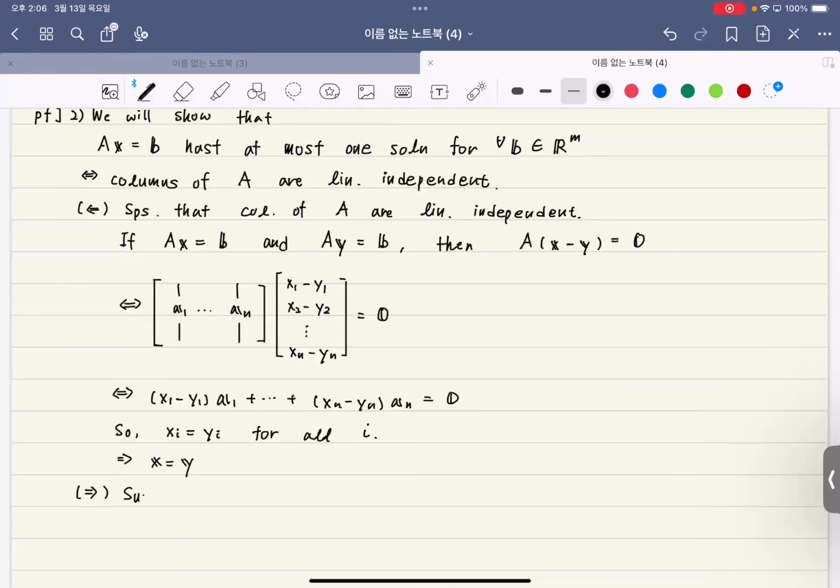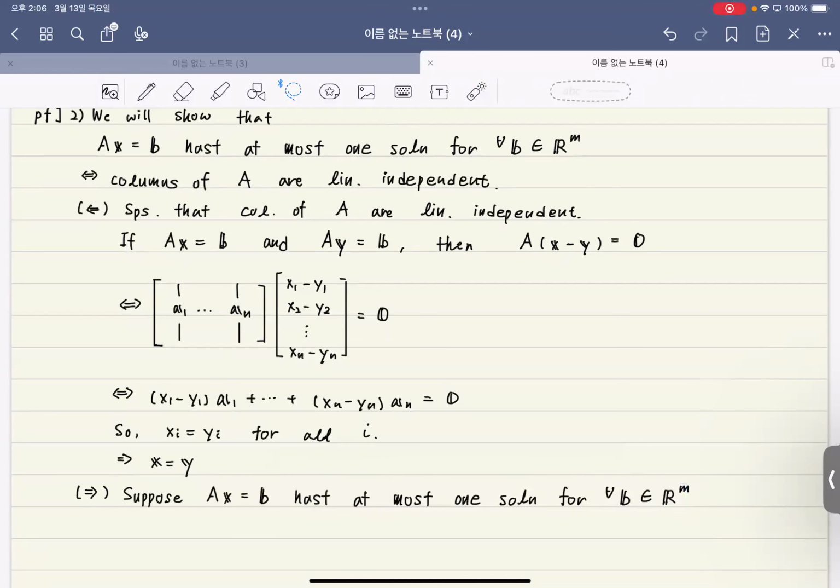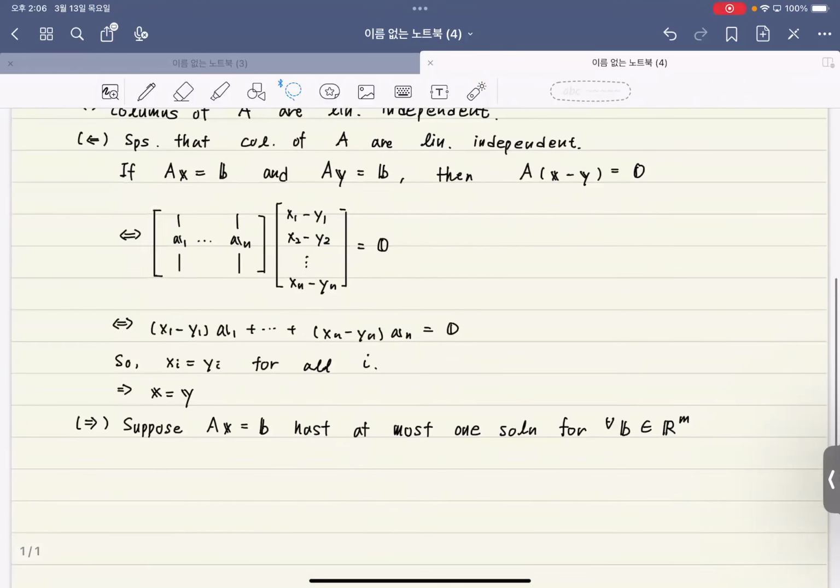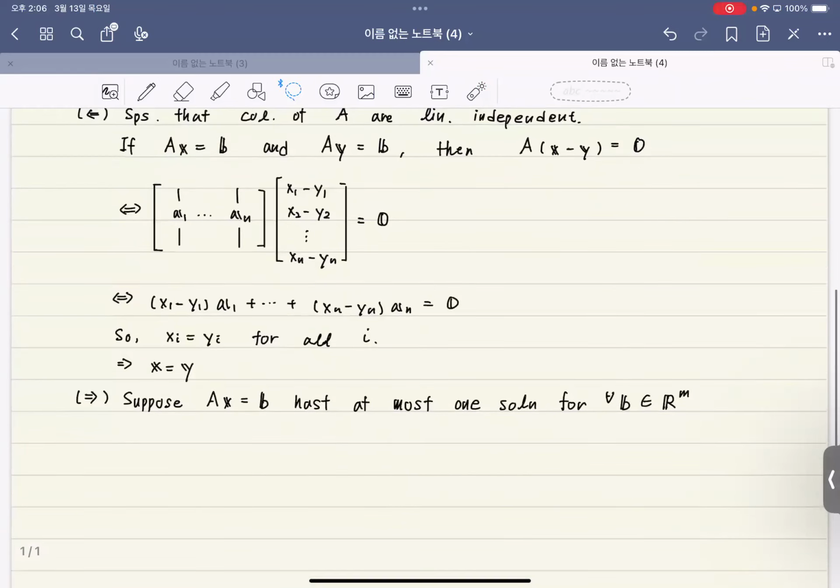So let us suppose this system of equations has at most one solution for all possible b's. Then I have to show that the columns of A must be linearly independent. How do I prove this? Well, maybe I will prove it by contradiction.